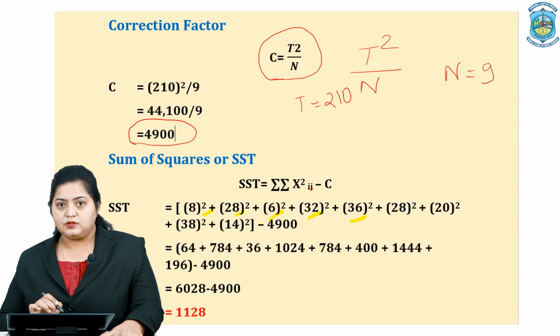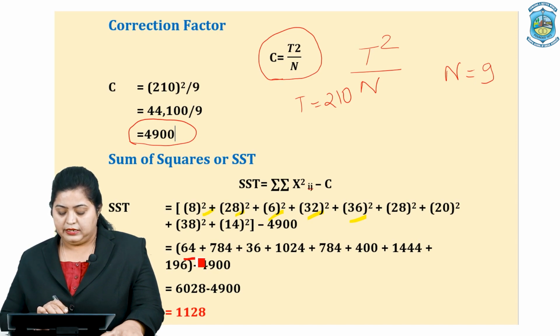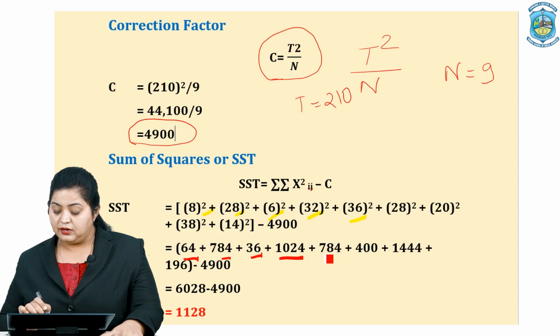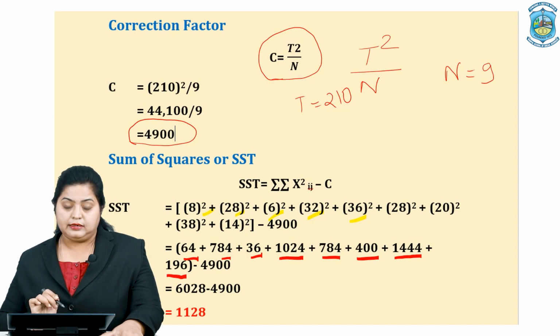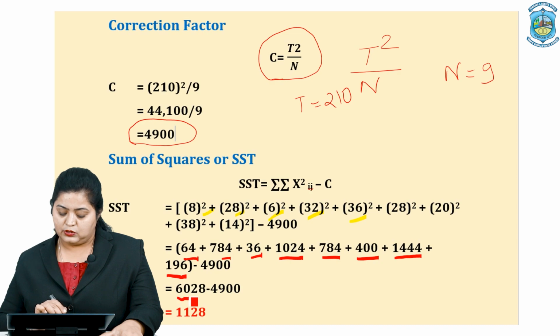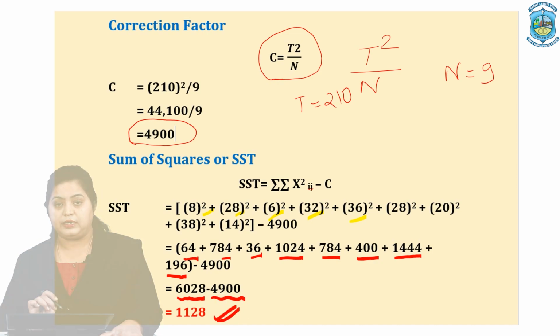After getting the squares of all the values, we have 64 plus 784 plus 36 plus 1024 plus 784 plus 400 plus 1444 and 196. The sum of all the values is 6028, and the subtraction of 4900 from 6028 is 1128.